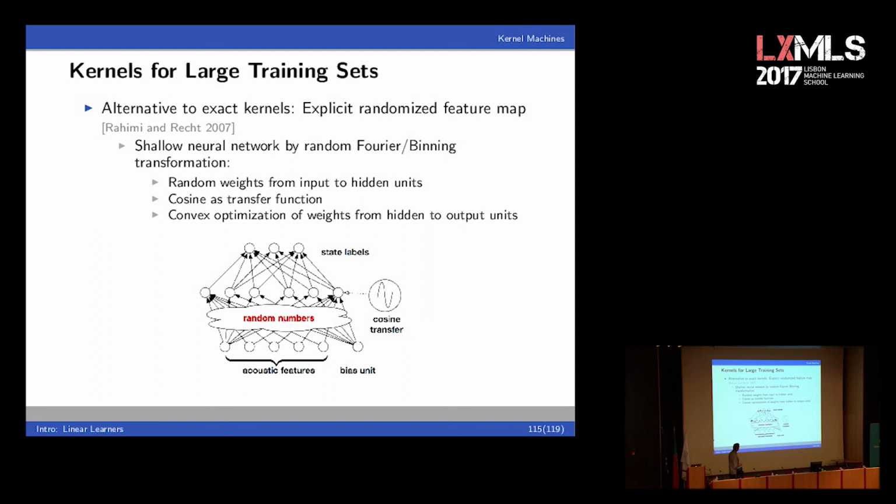So what they do is they basically build up a one hidden layer neural network, and the nonlinearity comes in this first layer where they have, so they use it for acoustics, for speech recognition. They use a random binning or random Fourier transformation of their features.